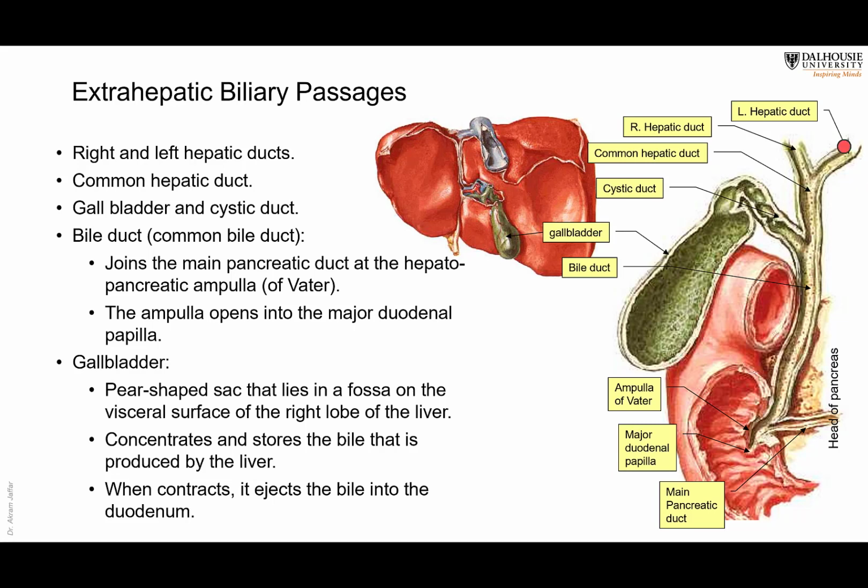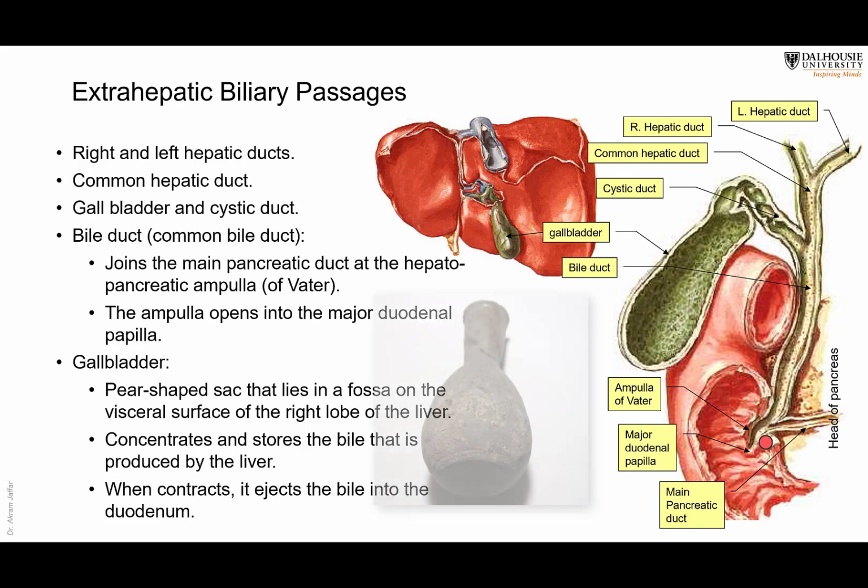And the bile is drained by two hepatic ducts, forming a common hepatic duct, which is joined by a cystic duct from the gallbladder. You need to identify these structures, and then they form a bile duct or common bile duct. The bile duct joins the main pancreatic duct, and they are going to be distended.